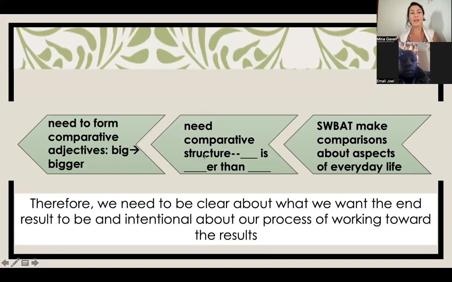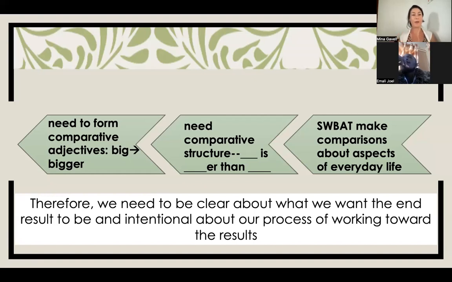And they can't do this if they don't know how to form comparative adjectives. So they need to know that big is bigger, beautiful is more beautiful. And so that means that this is where I need to start teaching. And once they can do this, then they can do this. Once they can do this, then they can do this.